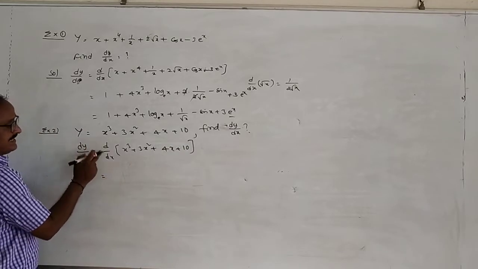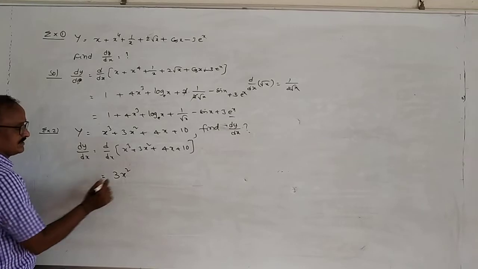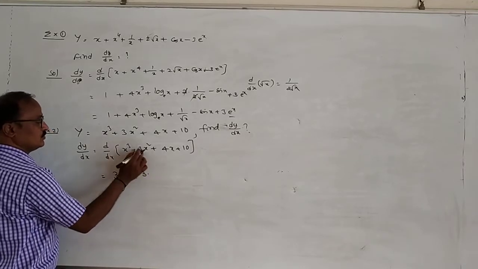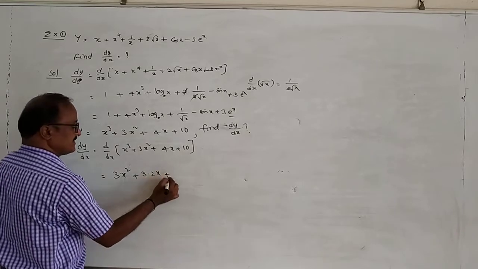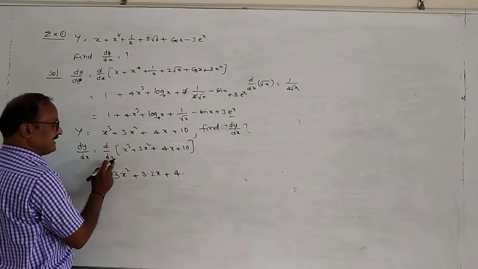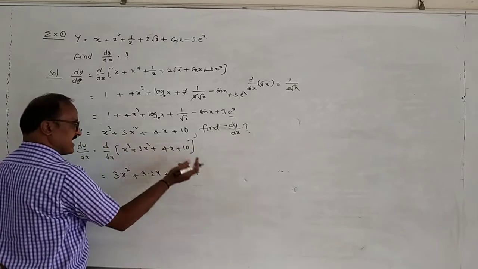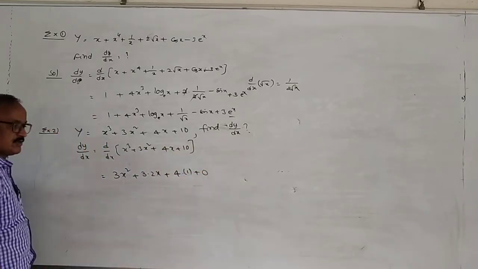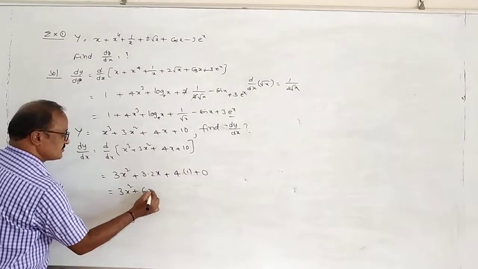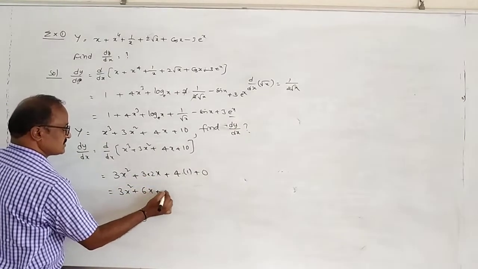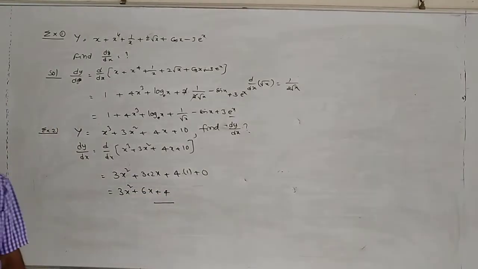Dy by dx of x cube is equal to 3x square, plus 3 into dy by dx of x square is equal to 2x, plus 4 into dy by dx of x is equal to 1, plus dy by dx of 10. 10 is a constant, so its derivative is equal to 0. So this is equal to 3x square plus 6x plus 4. This is the derivative of y with respect to x.